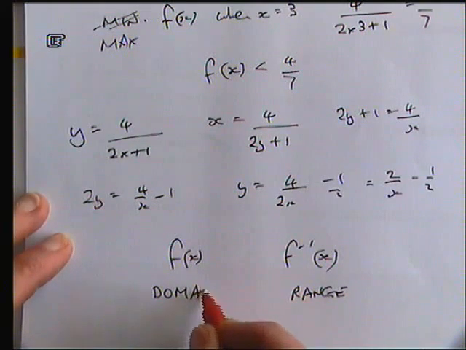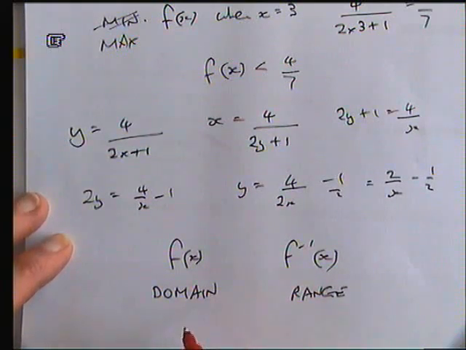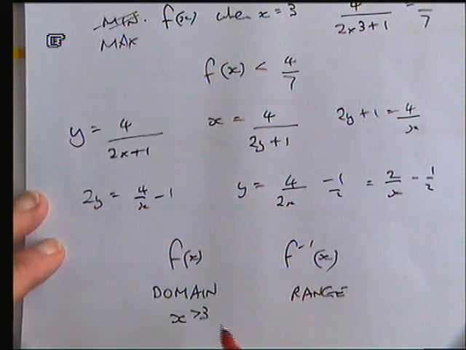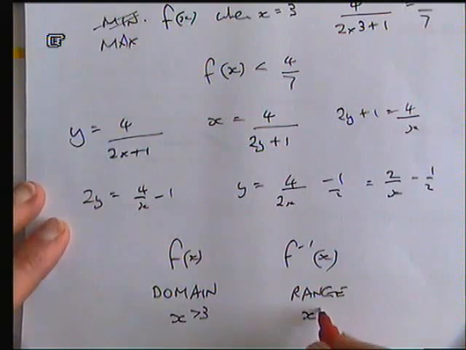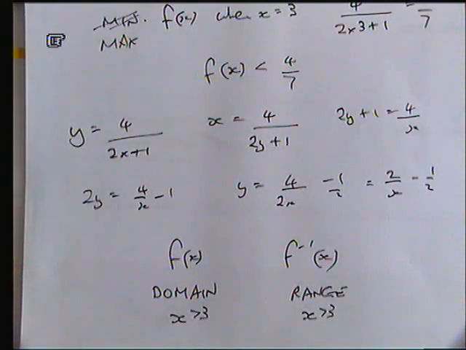The domain. We were told to start with the domain of the first function. The function we started with was x is greater than 3. And because we switched over, and this is the inverse function, that domain will be the range of the inverse function, because they sort of flip over in their inverses. So the range of that function is that one.